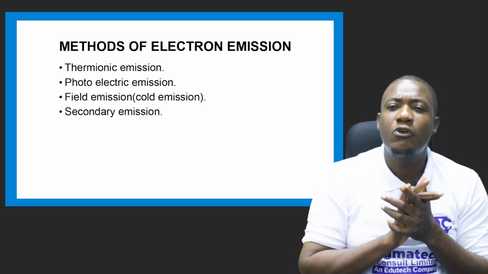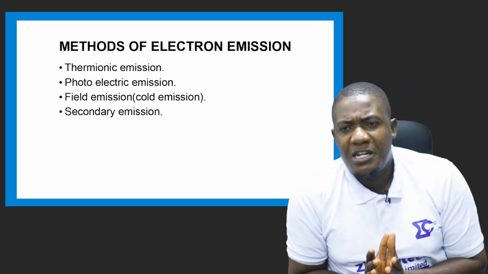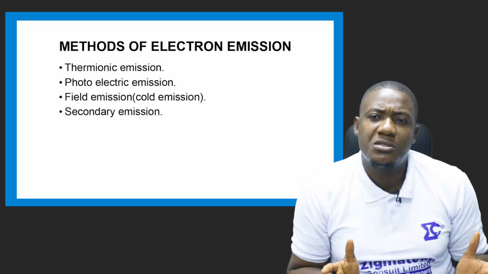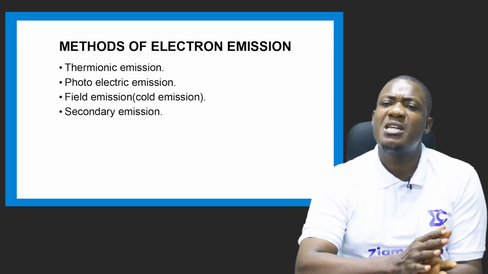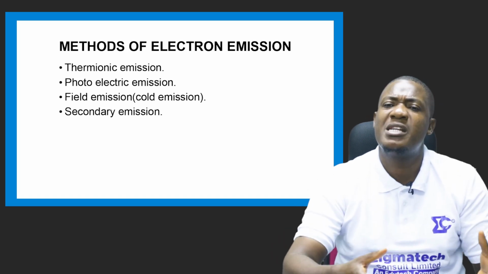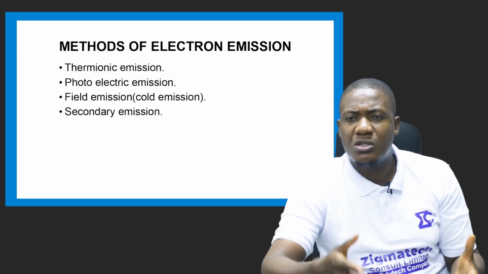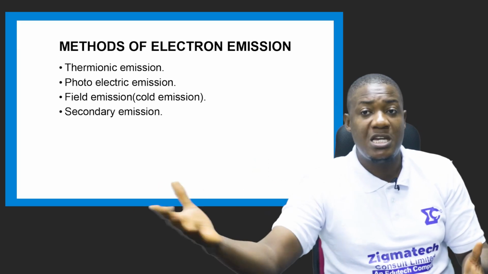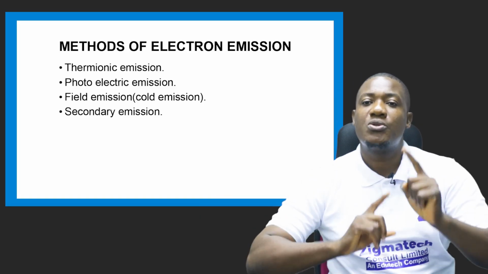We also have an emission we call field emission. This is a case where we have electrons emitted when we have conductors placed in a strong electric field. This one we call cold emission. Thermionic emission can be called hot emission. So we just want to use them to differentiate what is happening between the two processes.